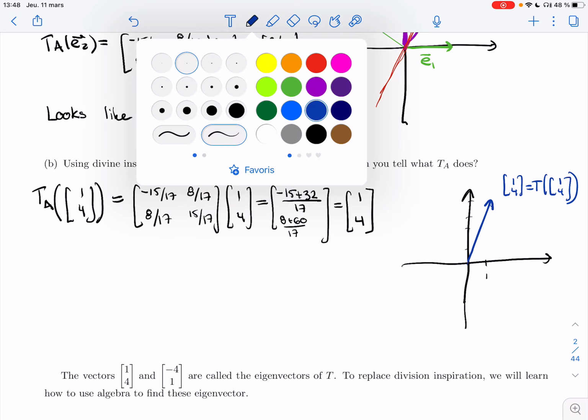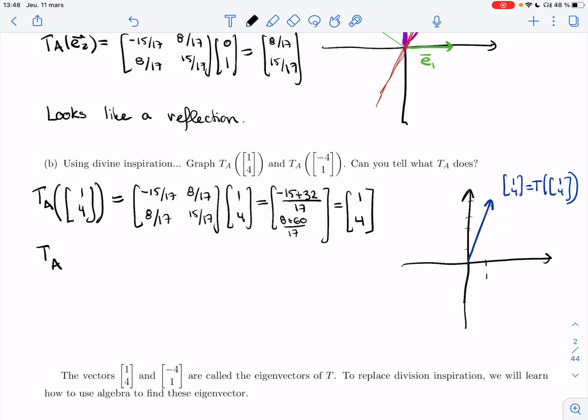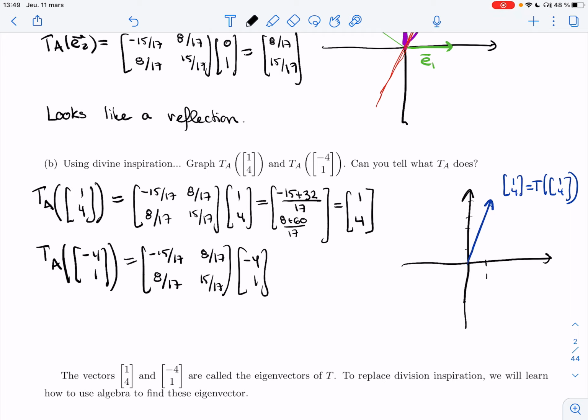All right. What about the second one that we are given, minus 4, 1? Then if I multiply that by A, I get 60 plus 8 over 17. I get 4.